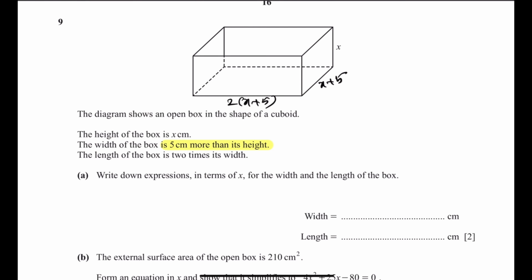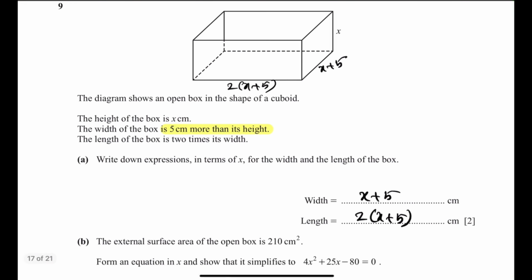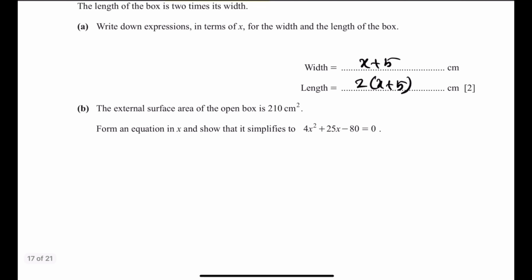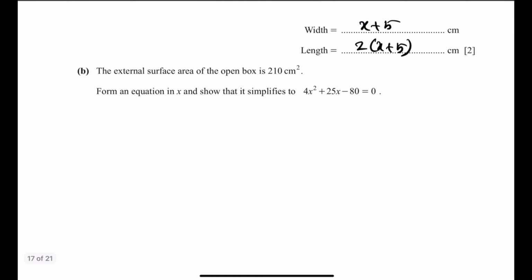So I think write down expression in terms of x, width and length. Width is x plus 5 and length is 2 times x plus 5. Total 2 marks.